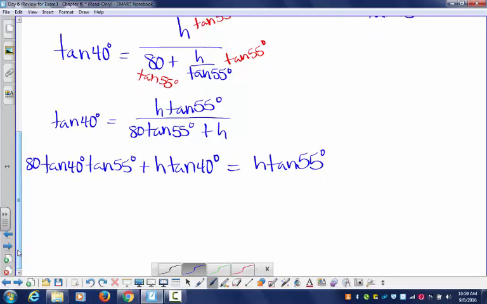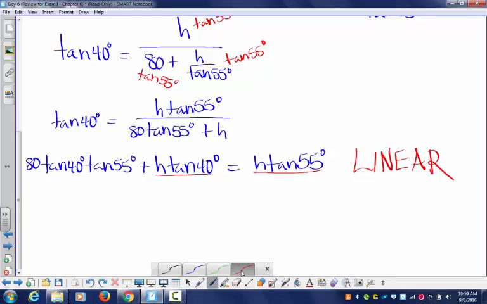All right. Now, this equation is linear. And with linear equations, you collect the variable on one side and you put the constants on the other. You put the terms that have no variable on the other side. So the two terms that have h's are right here.